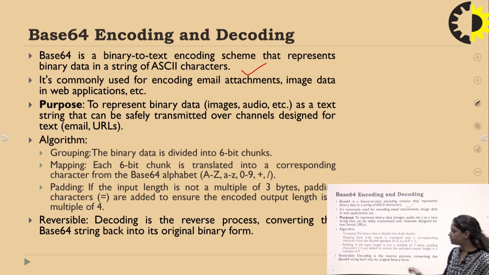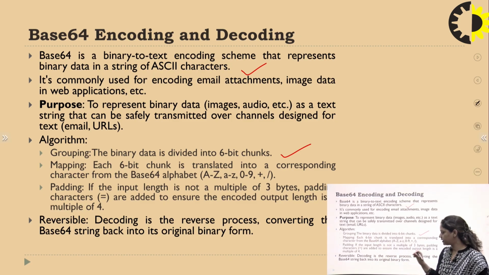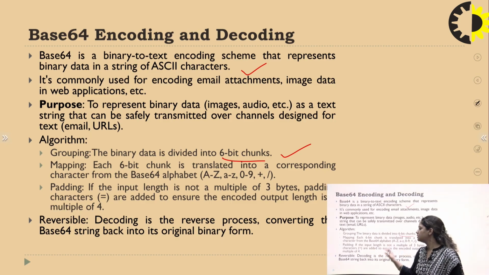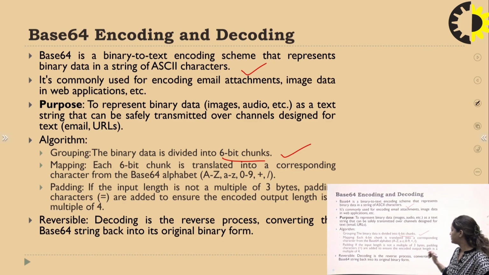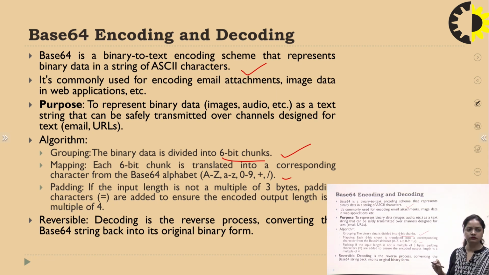The algorithm for this conversion is, first we group the binary data: we convert each character into its binary equivalent, and then group the binary into 6-bit chunks, then the mapping is done, and it is converted into its encoded form.